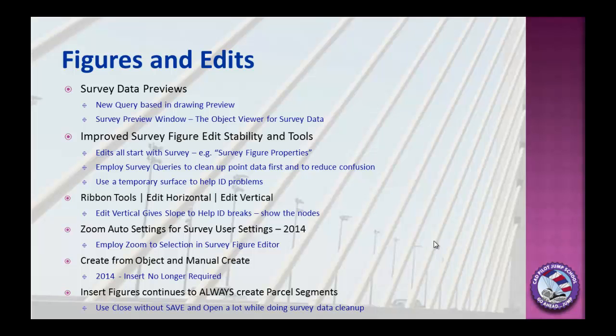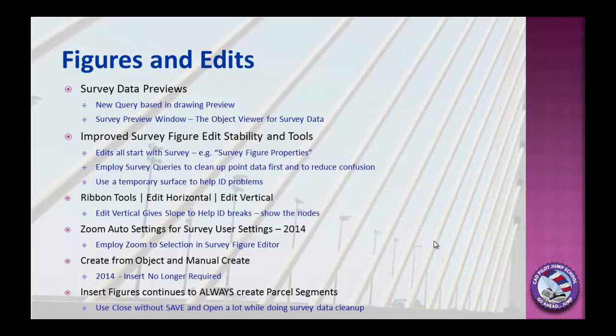The ribbon tools are better organized. The edit horizontal and vertical tools bring up entire new panels that you can turn on and off, and the edit vertical actually gives you a good way to look for breaks and help identify breaks inside Civil 3D.